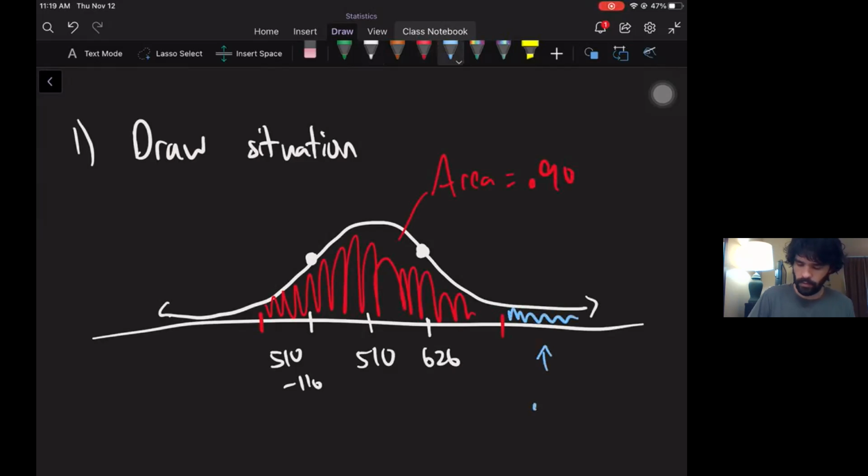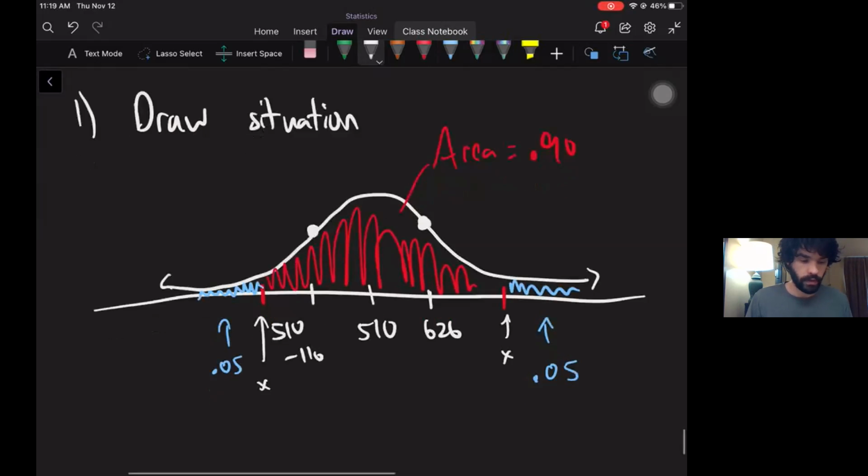So this is going to be 0.05, and then this is also going to be 0.05. So what are we trying to find in this picture? We're trying to find these two little x's. What are these actual scores that create this situation? That's what we're trying to do.